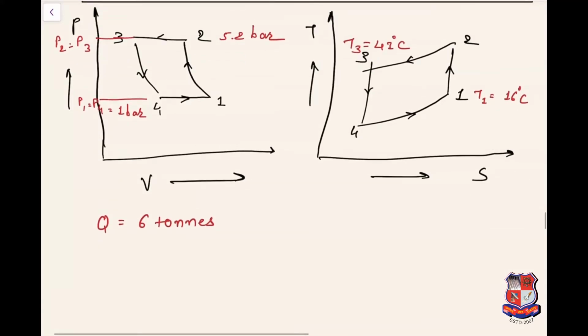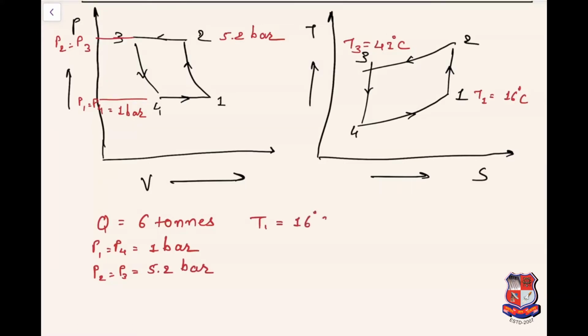So Q, then P1 equal to P4, that is equal to 1 bar, P2 is equal to P3, and that is equal to 5.2 bar, T1 that is equal to 16 degrees Celsius, and as I said how to convert in Kelvin, that is equal to 289 Kelvin.